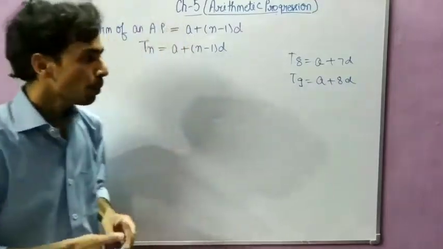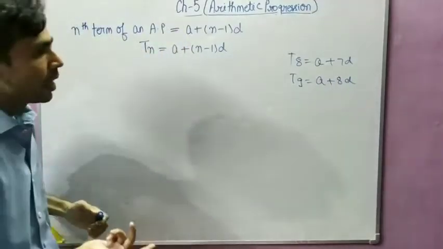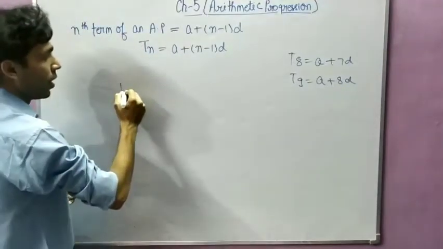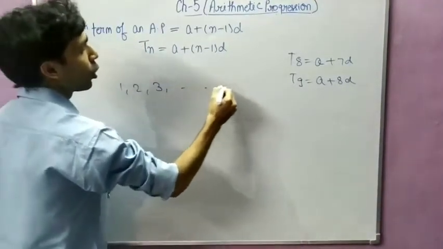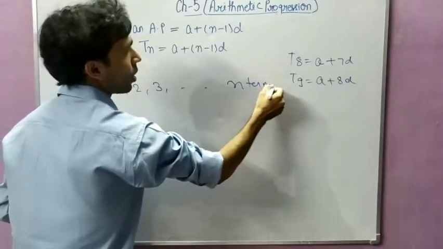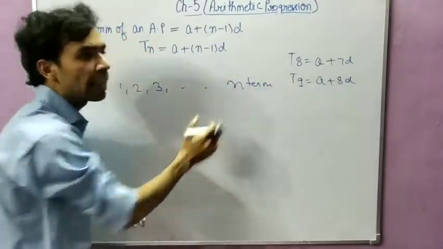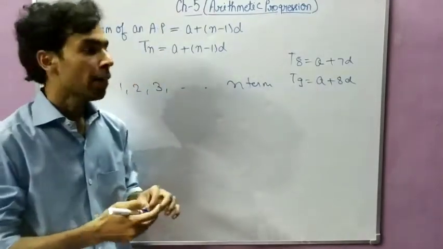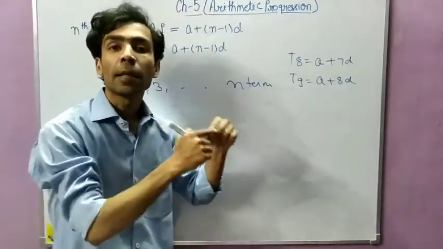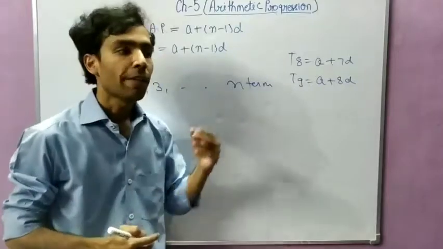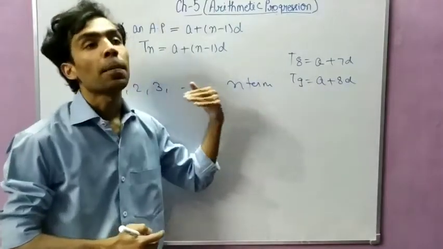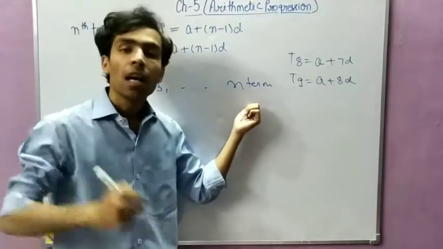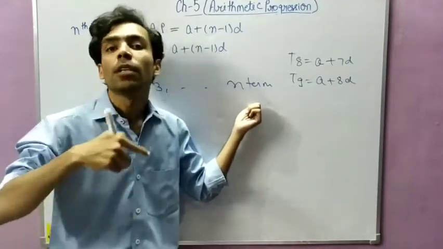So we assume that in an AP there are n terms: first, second, third, up to the nth term. And the value of n can be anything. n can be 10, 12, or 13. If n equals 13, it means the AP has 13 terms. If n equals 15, then the AP has 15 terms, and so on. So n represents how many terms an AP has.